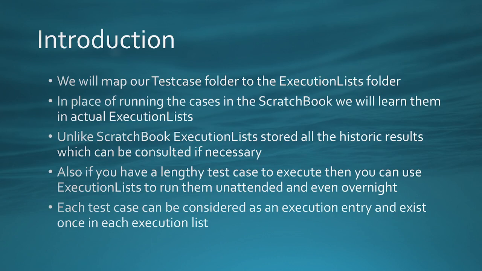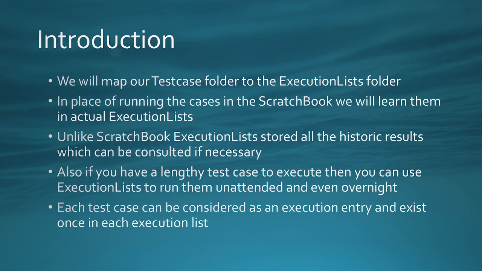As I told earlier, unlike Scratchbook, execution list stores all the historic results, which can be consulted if necessary. If you have seen previously in Scratchbook, if any error is coming, you can see the error is there, but it's a kind of high-level error and you are not purely able to understand what it is saying.